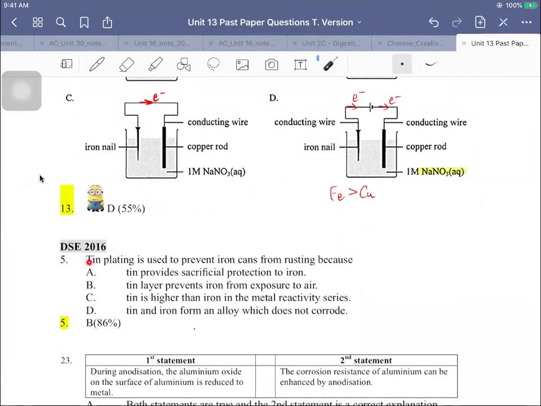Tin plating is one of them. If we are talking about surface protection, we mean that it covers the whole thing with a thin layer of that type of metal. So here, the main reason is that the tin layer prevents iron from exposure to air. So it should be B.